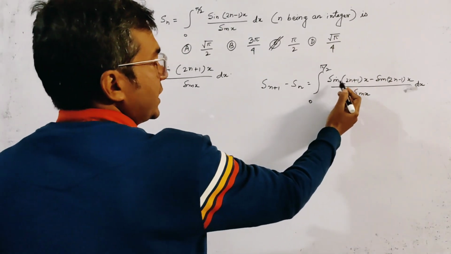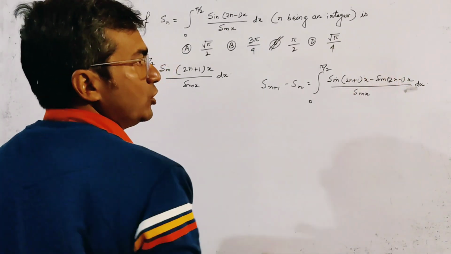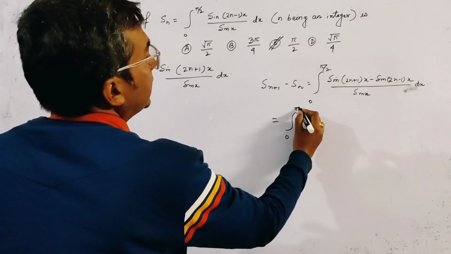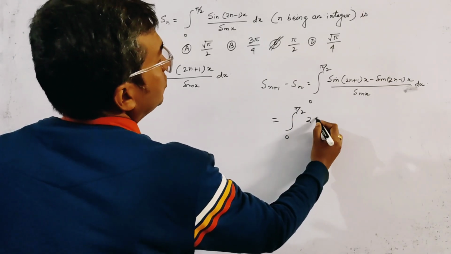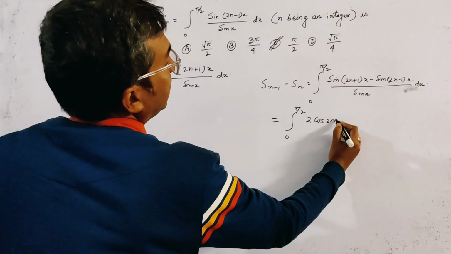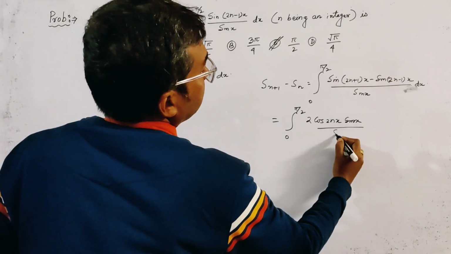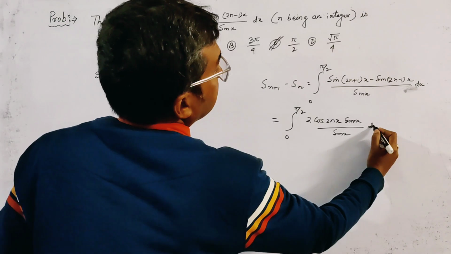Now clearly this is sine of (a plus b) and this is sine of (a minus b). So using the formula we directly write the result: 2 cos of 2nx into sin x by sin x dx.